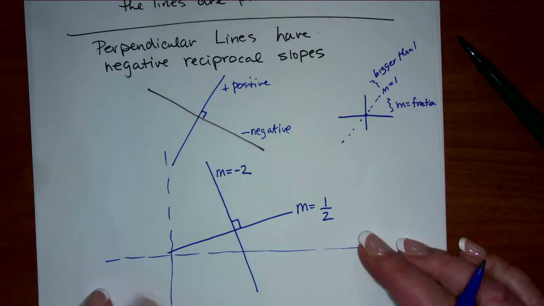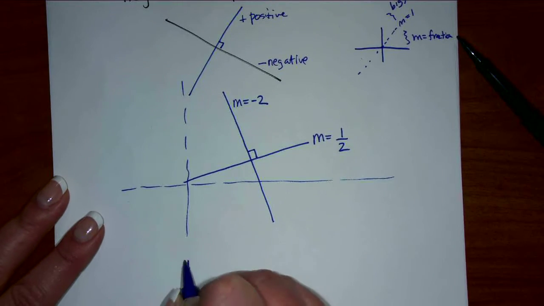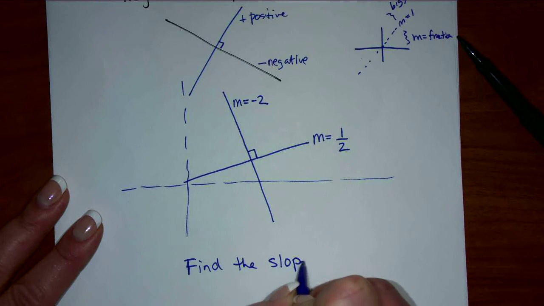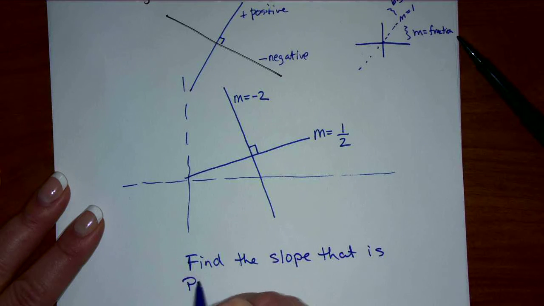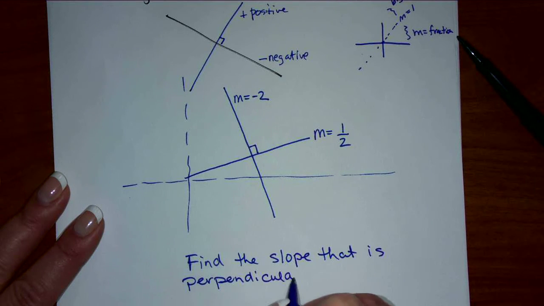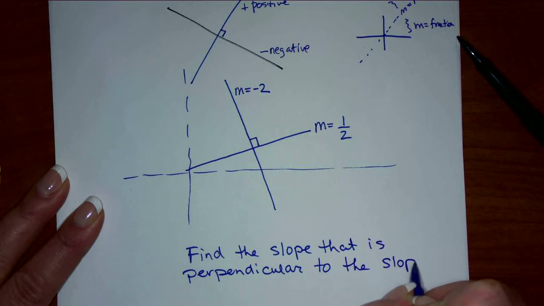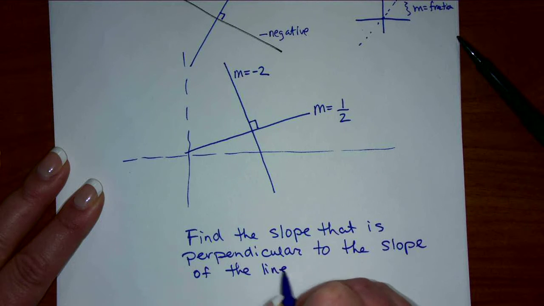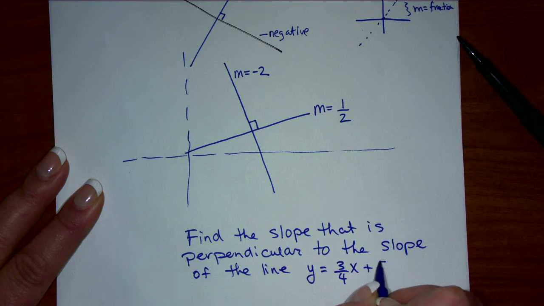So if I said find the slope that is perpendicular to the slope of the line (3 over 4 x plus 5).